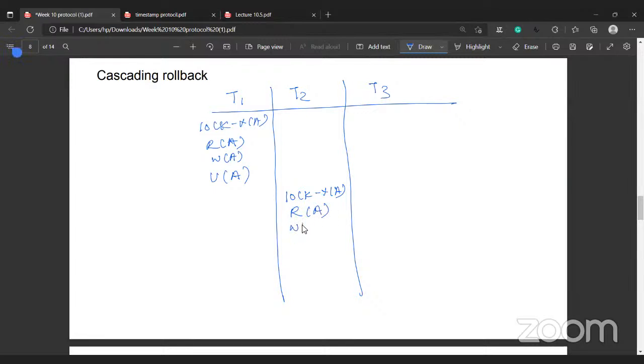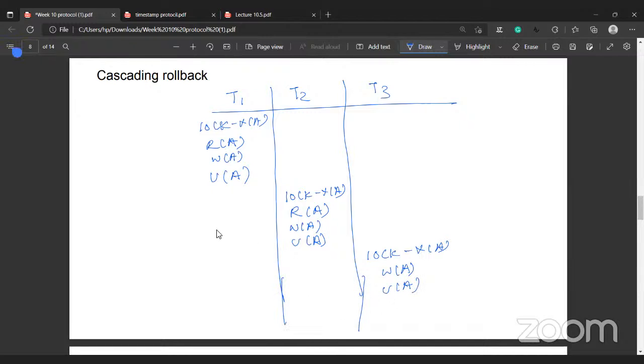Read A, write A, and here also exclusive lock is applied. So you have to unlock, right? Unlock. Exclusive lock is applied and write A, unlock A, right?